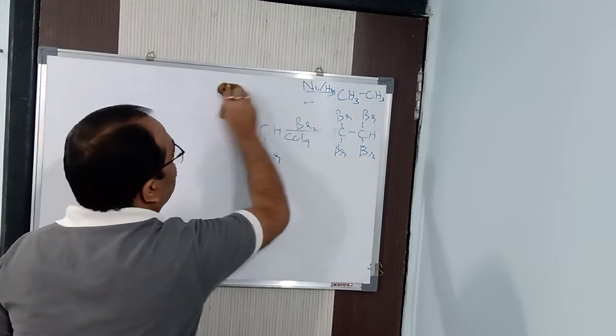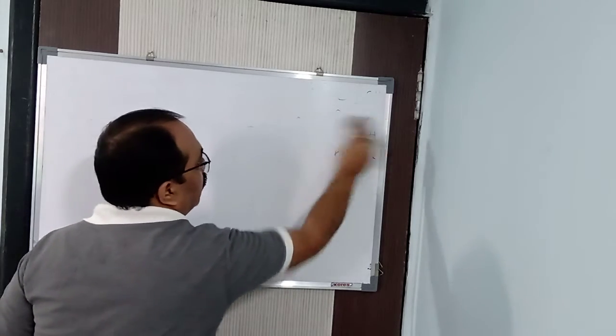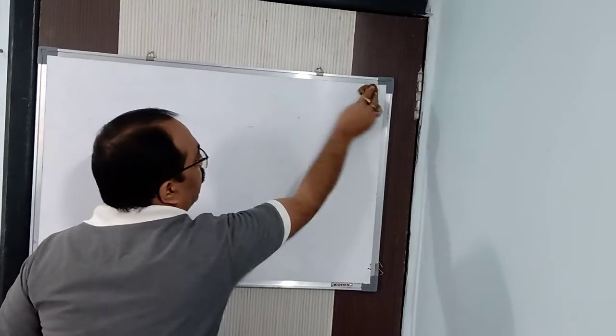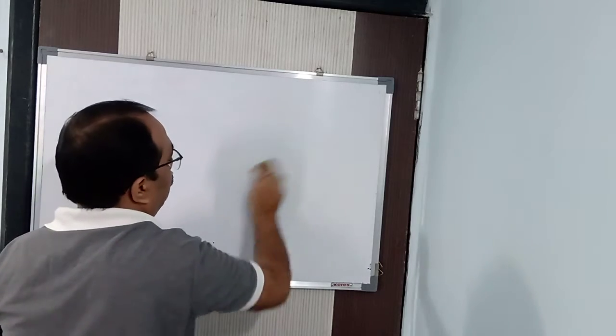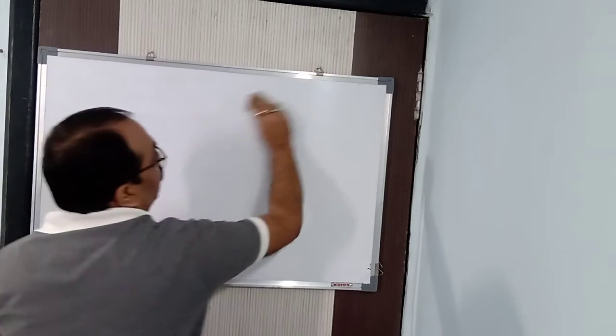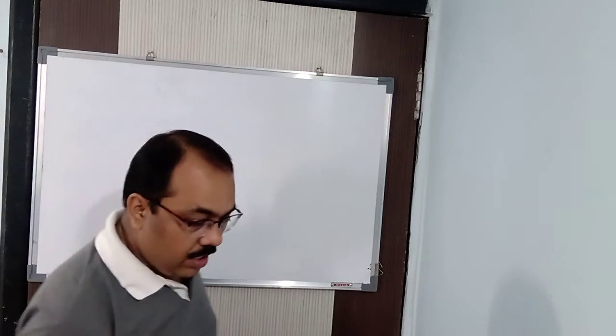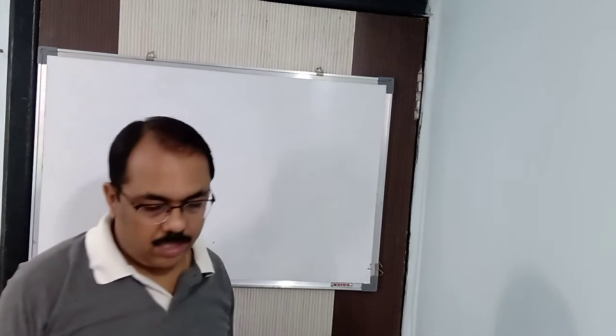Let us look at how it is. With ozone, we have seen in the alkenes chapter that when it reacts with ozone, it forms ozonide, and ozonide is highly unstable, highly explosive.